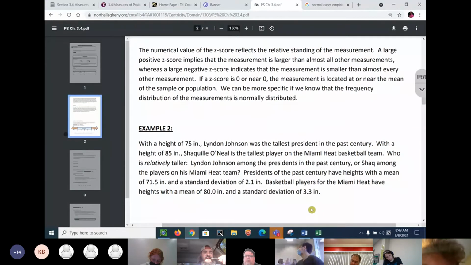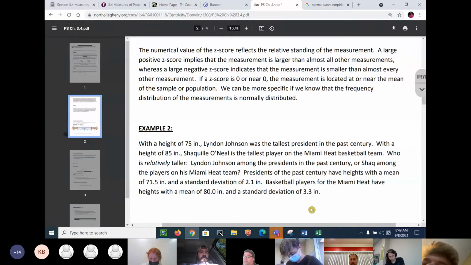All right, and the president's mean height, presidents in the past have a mean height of 71.5 and a standard deviation of 2.1.